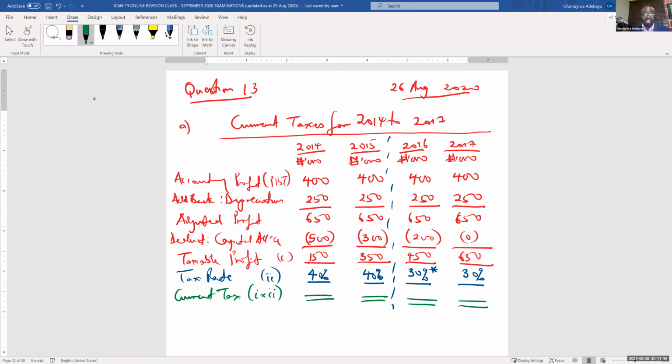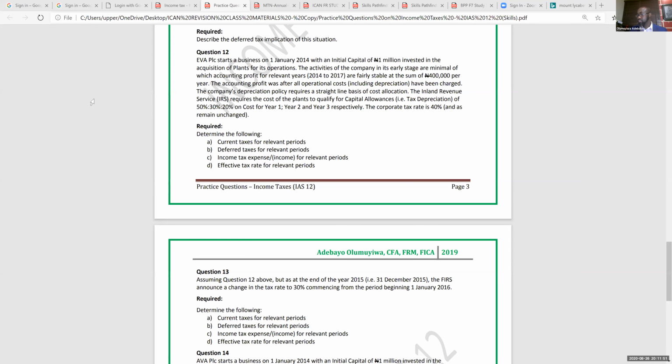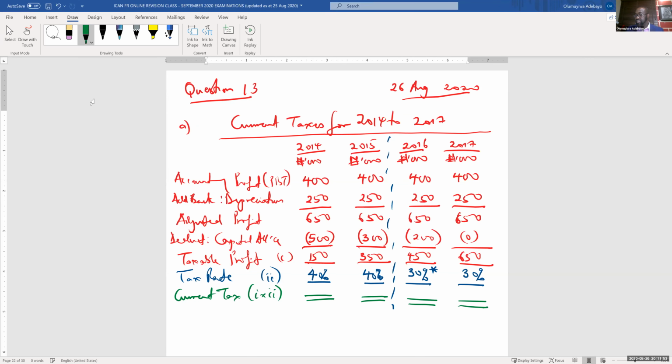First year, it is 40% of 150. How much is that? Okay, 60. It's 60.